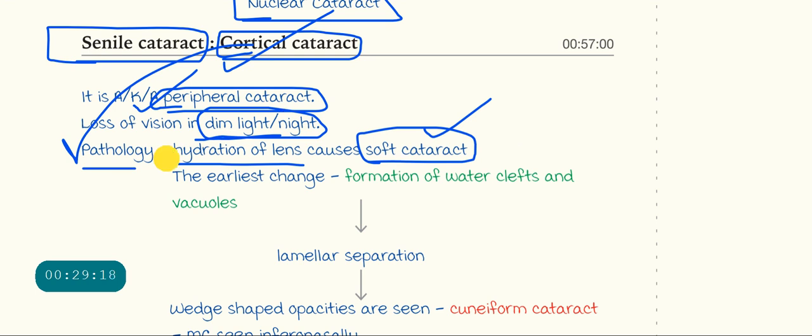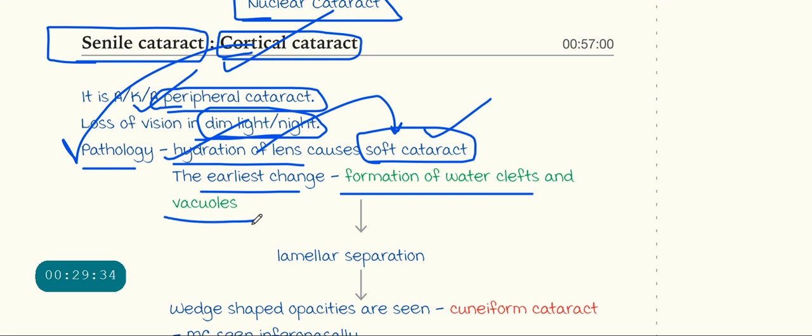Now in early changes of cortical cataract, there is a formation of water clefts and vacuoles, which leads to soft cataract formation.